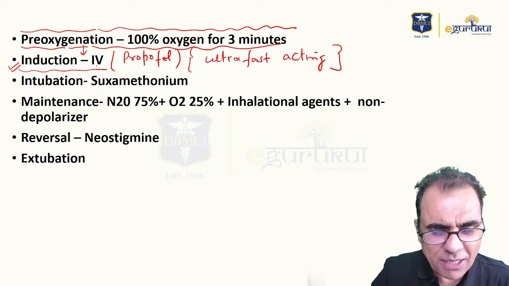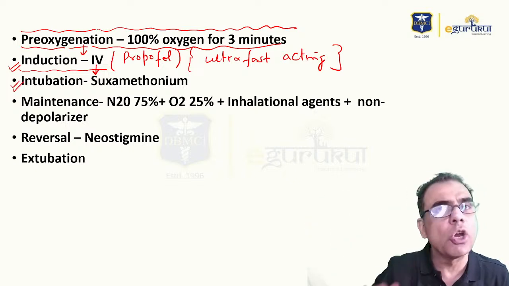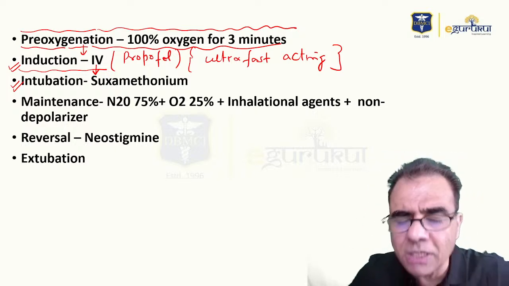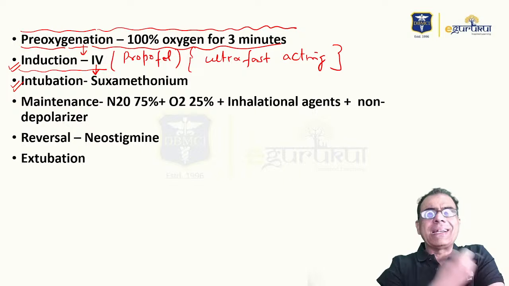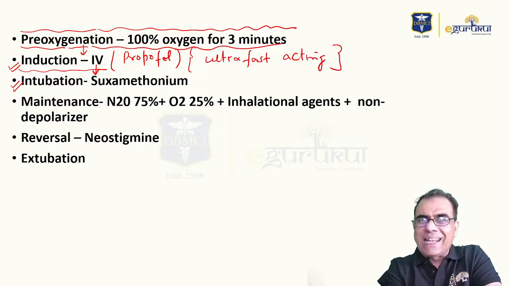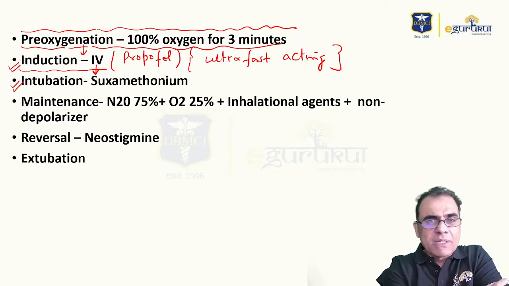So once the patient becomes unconscious, what should be our aim? To secure the airway, or intubate the patient. But you cannot intubate the patient till the airway reflexes, the pharyngeal and laryngeal reflexes, have gone, or the muscle tone of the laryngeal and pharyngeal muscles has gone.